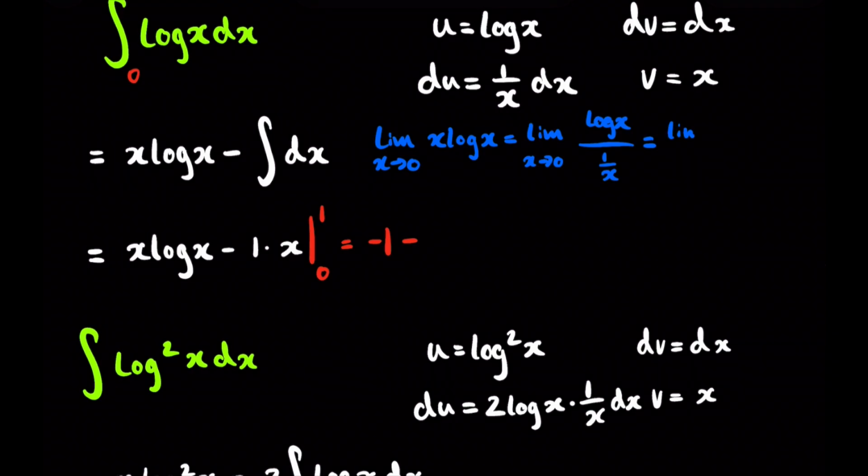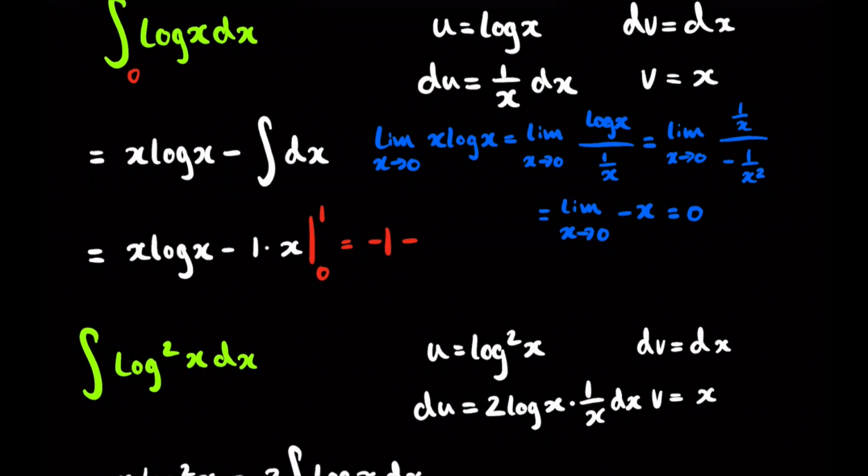So the limit as x approaches 0 of the derivative of log x, which is 1 over x, over the derivative of 1 over x, which is negative 1 over x squared. Simplifying this, we get the limit as x approaches 0 of negative x. And as x approaches 0, negative x is just 0.